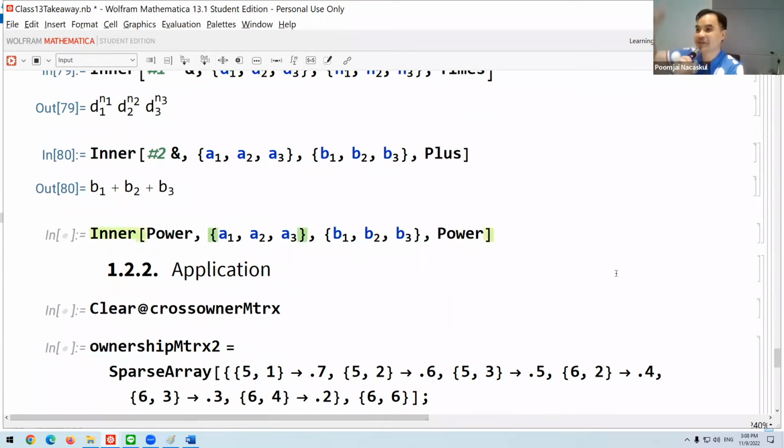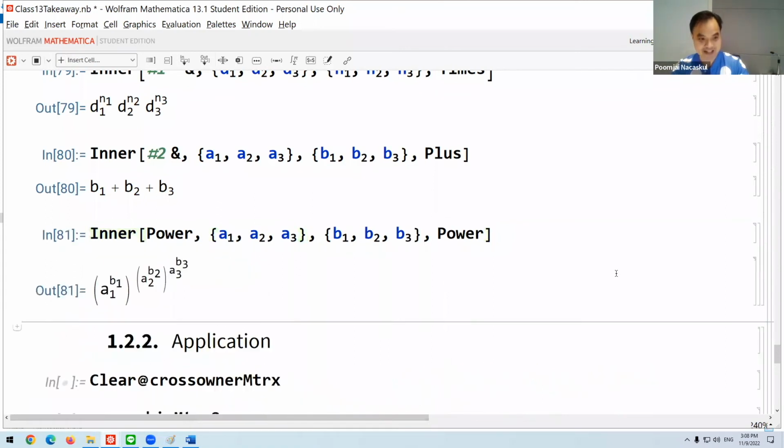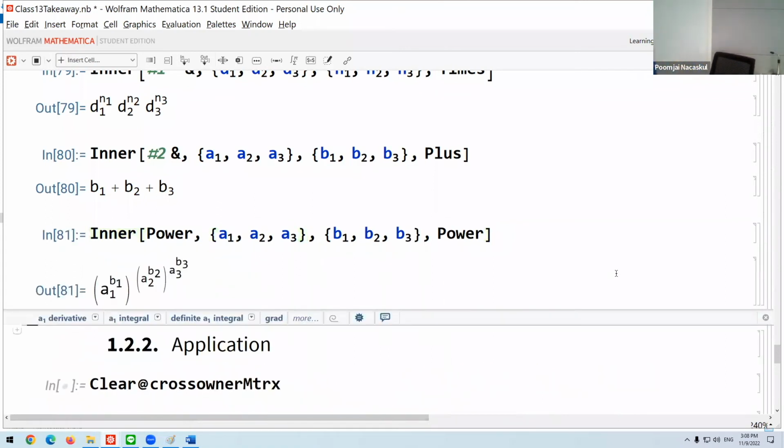What about raise to the power and then raise to the power? What do you think comes up? So A1 to the power B1, A2 to the power B2, A3 to the power B3, and all of them raise each other. So you get like this little thing. Yeah. So that one just for fun.